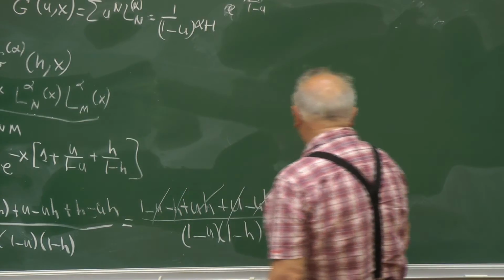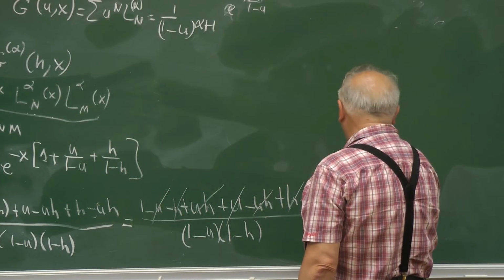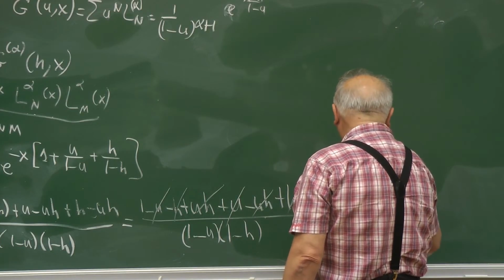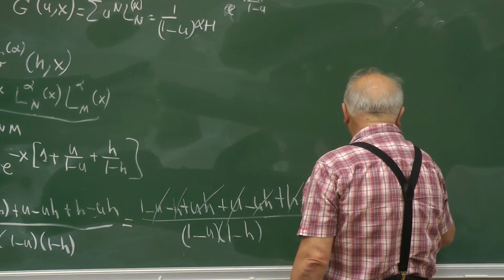So this is equal to 1 minus uh over (1 minus u)(1 minus h). Let us call this for short a.